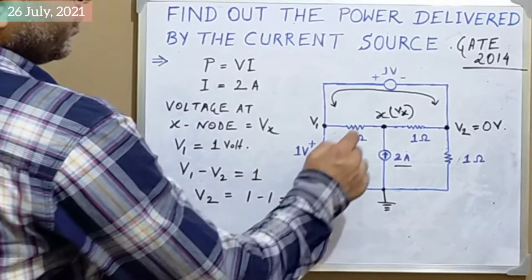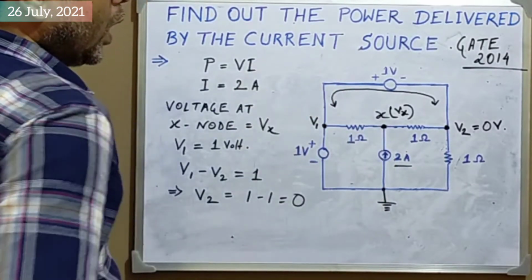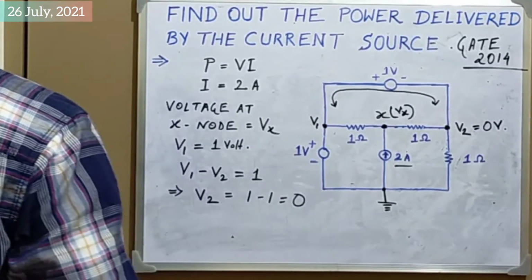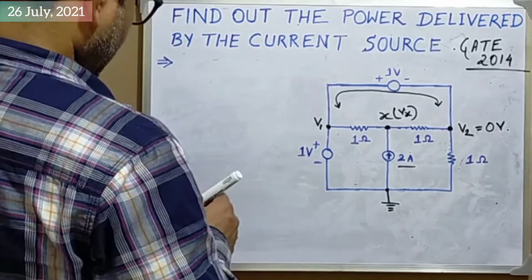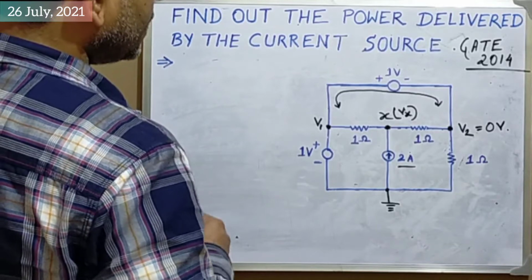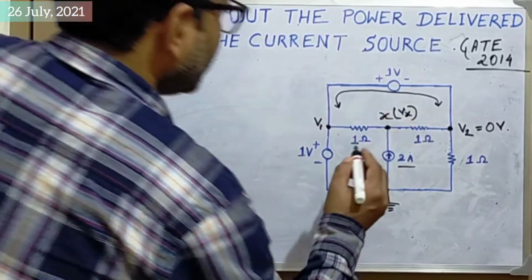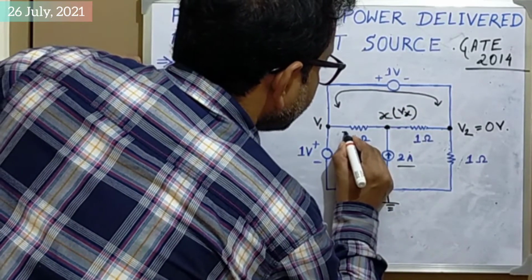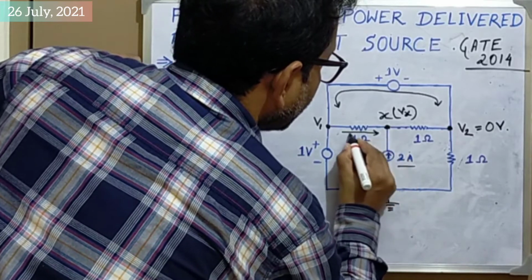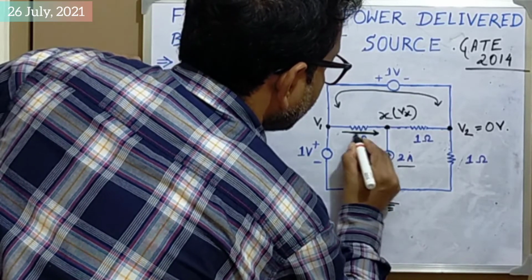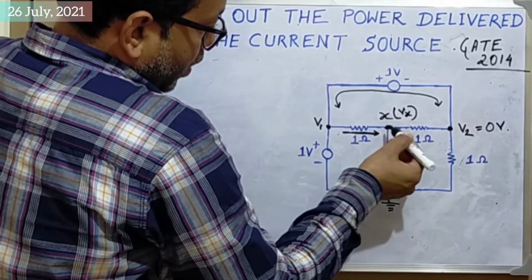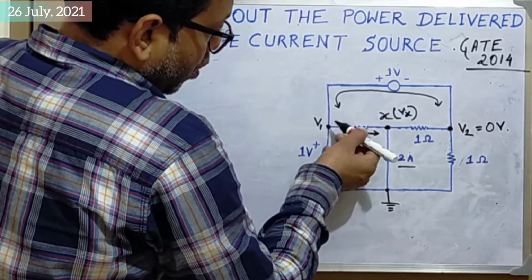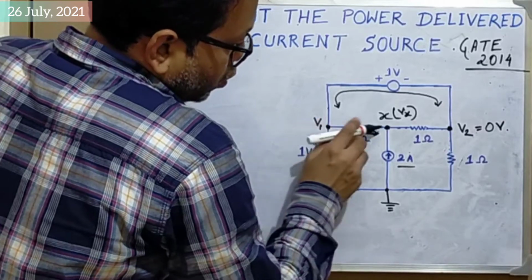Now considering this particular node, apply the KCL for this node. Let's consider all the currents are entering this particular node, because we don't know whether current is flowing from the X node to this node or from this node to the X node.